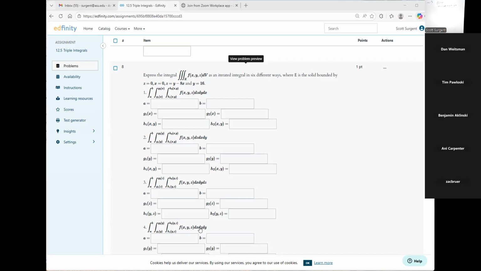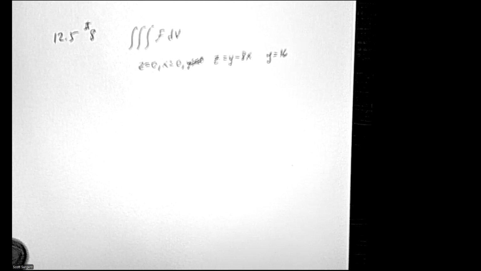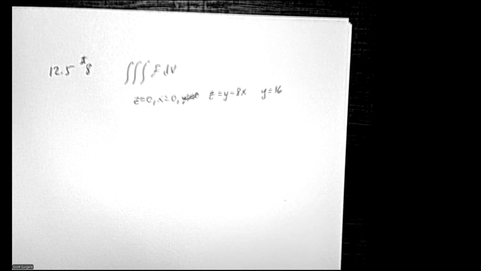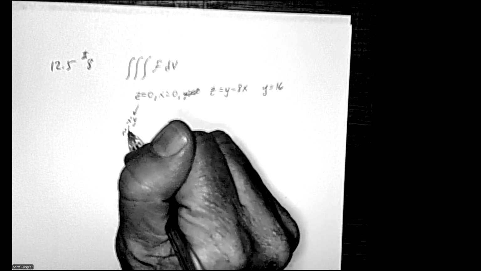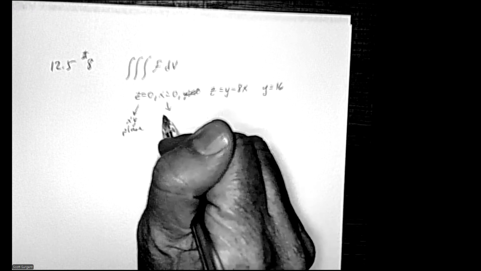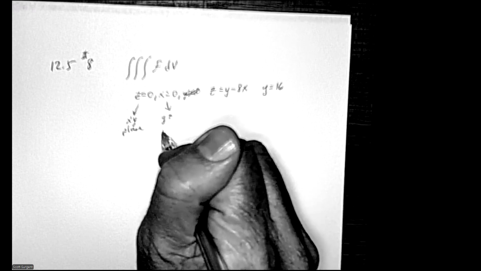To really understand what you're doing here, you've got to see what this region looks like. So I'm going to stop the share and I'm going to do my best to draw it. And if I can't draw it satisfactorily, maybe I'll try Desmos. But z equals 0 is the xy plane. X equals 0 is the yz plane.